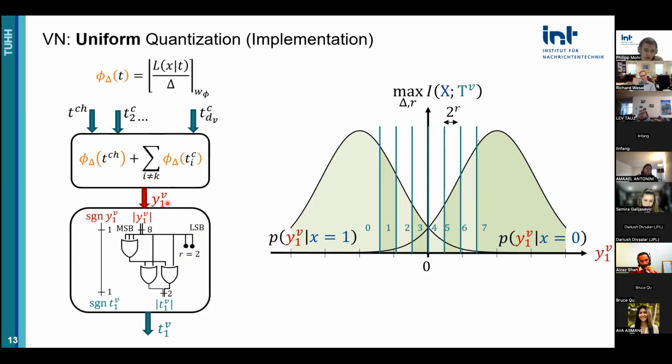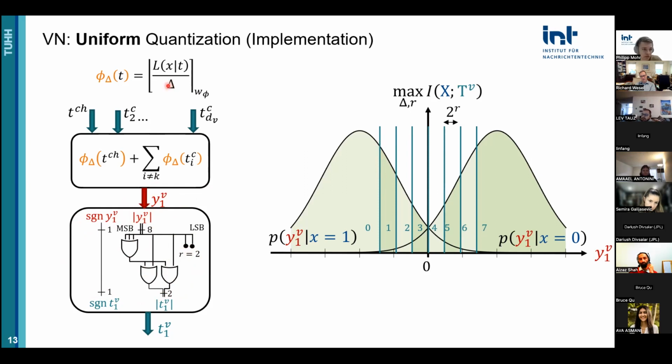In order to do the uniform quantization, we just need a few logic gates to get to the compressed message, because it's now just a right shift operation and a clipping operation. We can move those boundaries by tweaking the scaling factor at the translation.